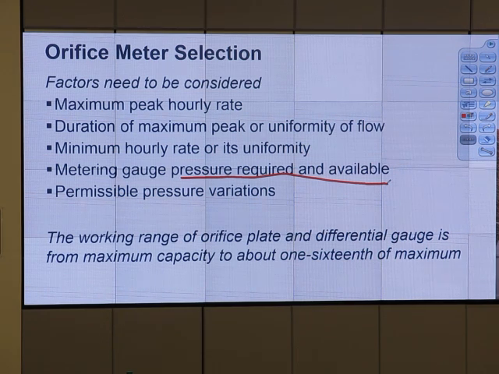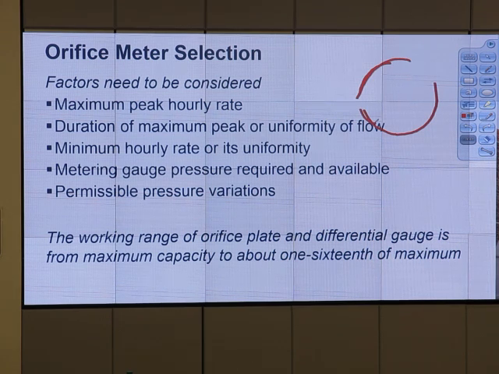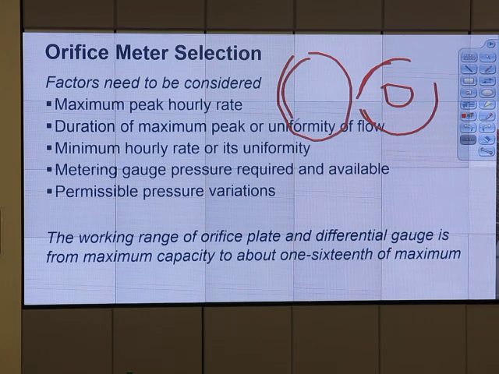So if we look at the plate, you select a smaller hole if you have a low flow rate. Make sense to you? It does make sense. You select a larger hole if you have a higher flow rate, so that the pressure drop will not be too much.